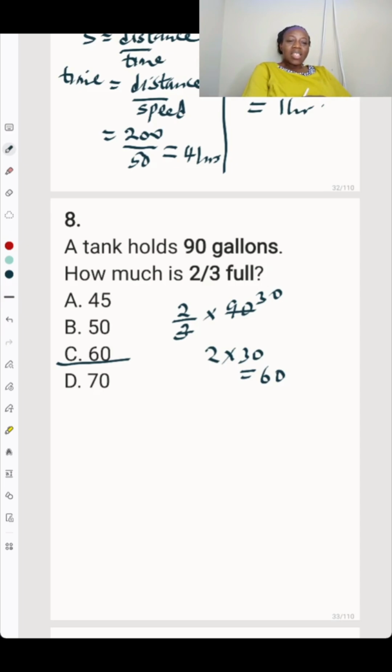If the question is asking for the number of gallons to fill this tank back, what would be the answer? 30, thank you. Let's say they don't give us, if it is the question from the beginning, the empty part will be 1/3. Then we want to find 1/3 of 90. If that's the first thing given to us.